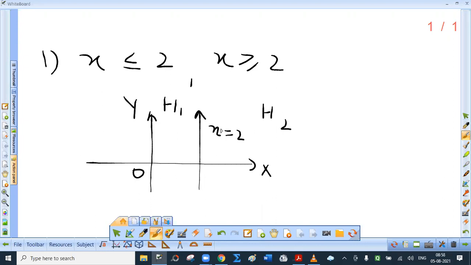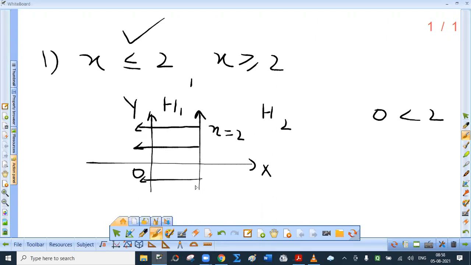How to decide that? As line is not passing through origin, I will consider 0, 0. Check whether 0, 0 satisfies x less than 2. Is 0 less than 2? Yes. And therefore, H1 is the graph of the solution set. Now, how to draw the graph of the solution set? For that, you have to use the arrows, right?